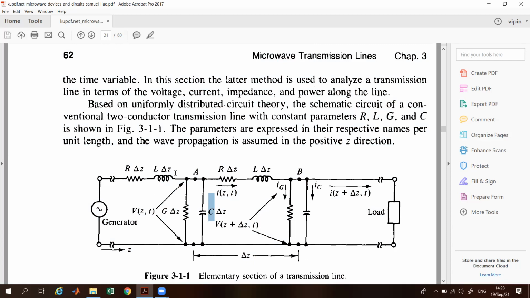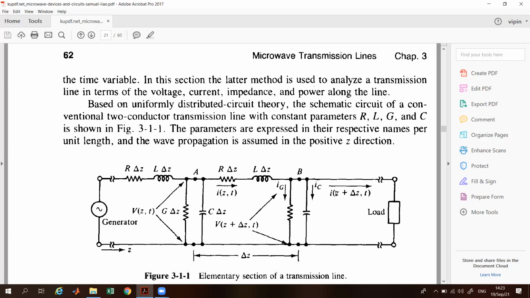Now, if I have to find the voltage at a particular point, or the initial point, it is defined as V(z,t). So the instantaneous voltage applied here will be V(z,t), and after traveling a distance delta Z along the transmission line, it will be V(z+delta z,t).